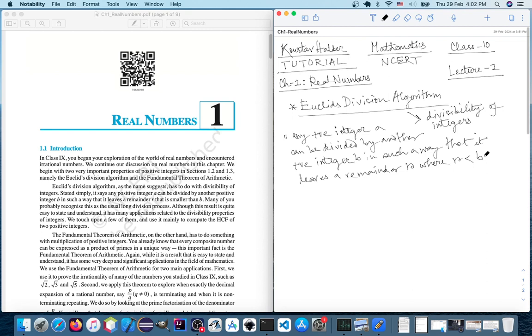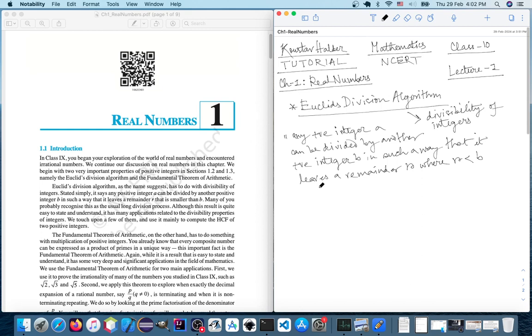So this process, when you divide a positive integer a by another positive integer b, you have done this division in your previous classes using the long division method, where you have seen that either you will be left with some remainder, or there will be no remainder, that is zero remainder.